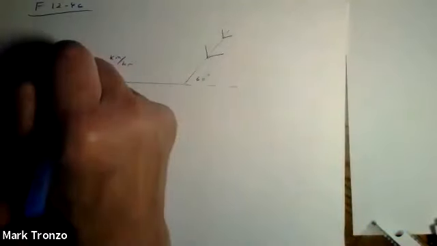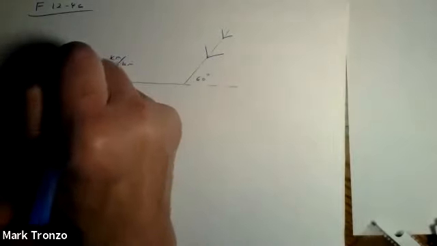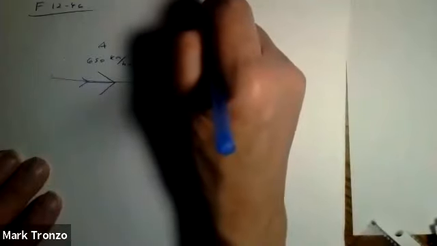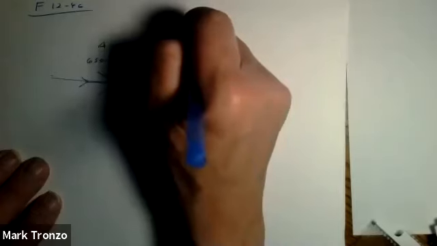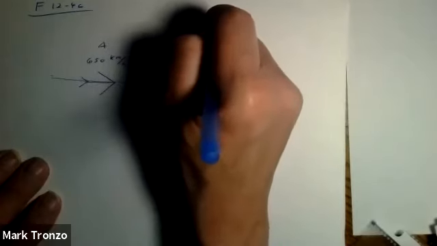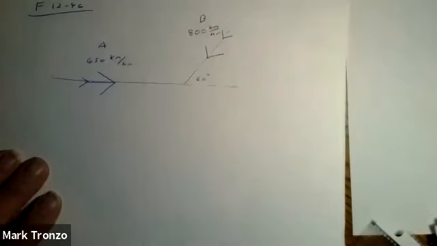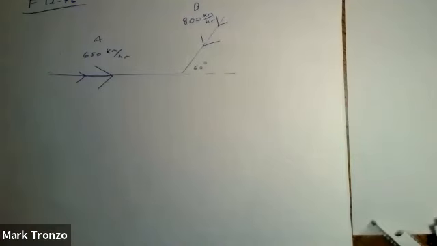It's coming at 800 kilometers an hour, like this. And so once again, we want to find the velocity of B relative to A.